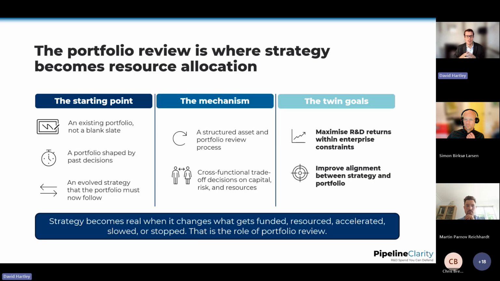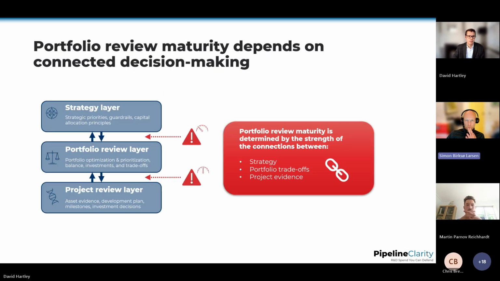And there are often a significant number of constraints, and we'll come on and talk about those later on. But also it's to improve your alignment between the strategy and the portfolio. Strategy becomes real when money moves, when things are actioned, and your portfolio review is really your point to turn that strategy into reality.